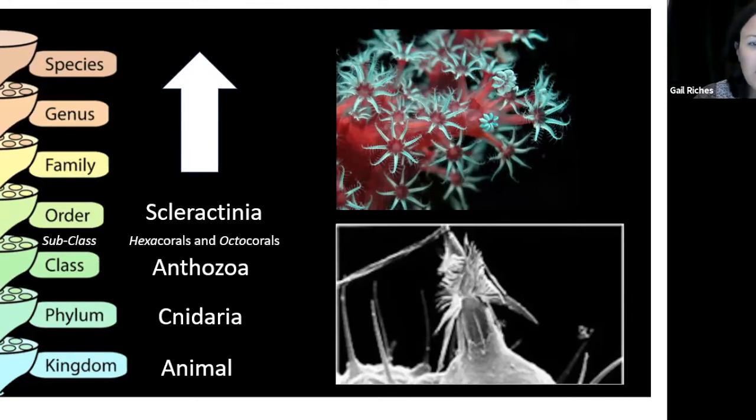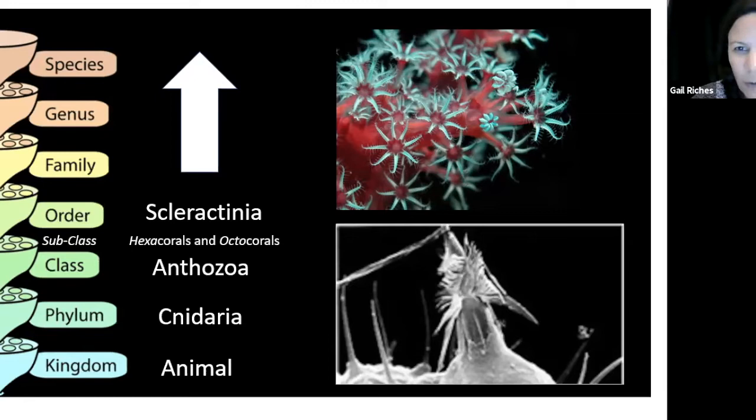Now, the anthozoans are a little bit more specific to corals and anemones in particular. There's a subclass of hexacorals and octocorals. If you have a look at the picture on the top right-hand side, you'll see that this is actually a soft coral. An easy way to know that is to count the number of tentacles on each polyp.